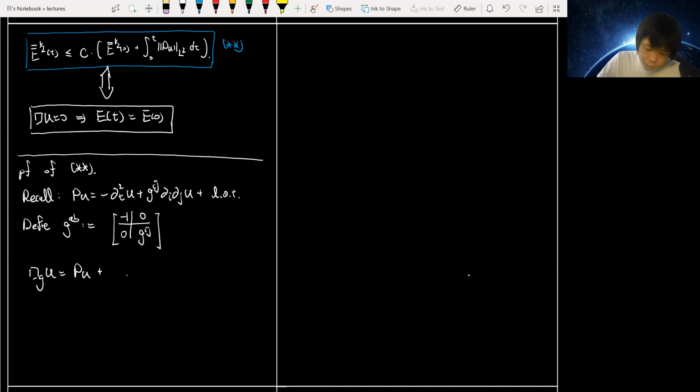Well, let me be a bit more precise. That would be of the form b bar 0 u plus b bar i di u plus c bar u. Anyway, something that involves zeroth or first order derivatives of u.